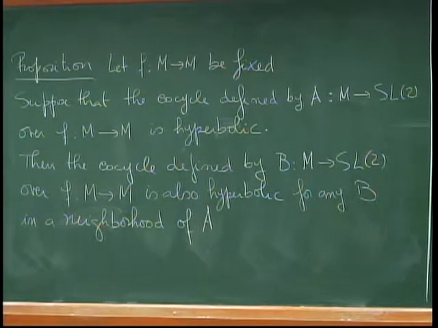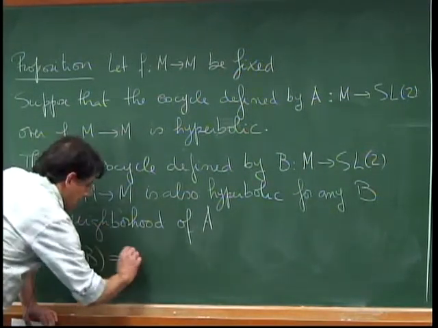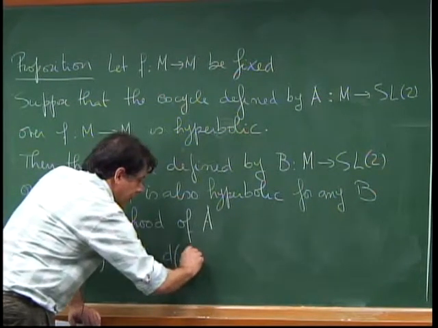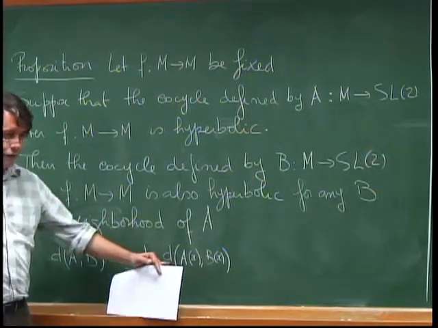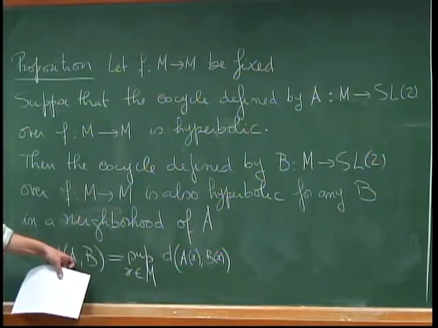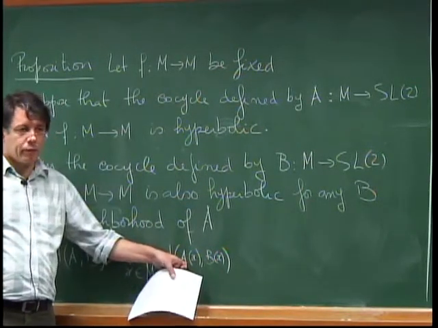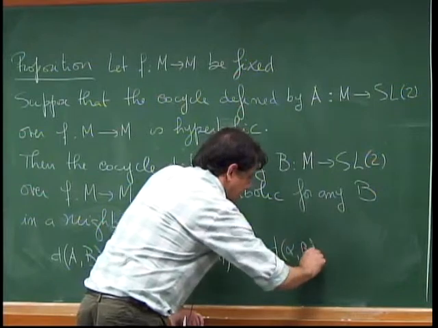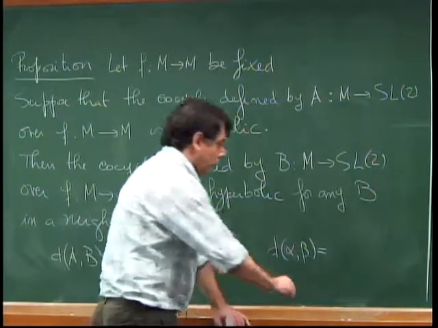So in order to speak of neighborhood, I have to tell you what the topology is, and it's the topology given by this distance. The distance between A and B is the supremum over all x of the distance between A(x) and B(x). d is a different d. This is a distance in the space of functions, and this is a distance in the space of matrices. Of course, I didn't define the distance in the space of matrices either, so let me do that. The distance between two matrices is the norm of the difference.